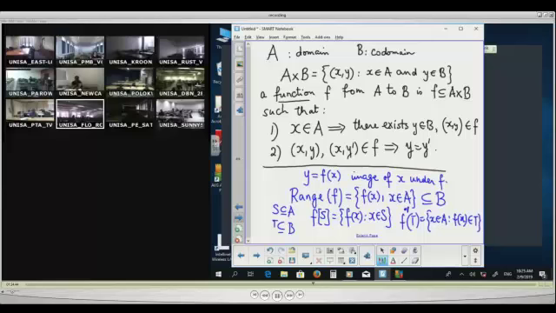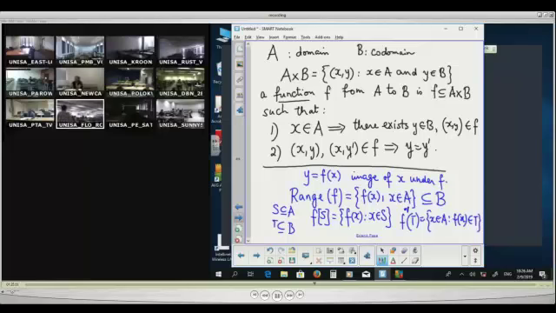We similarly say x is a pre-image of y under f. Remember, there is a difference. Y is said to be the image because the image is unique. But several x's, x prime, could have the same image.